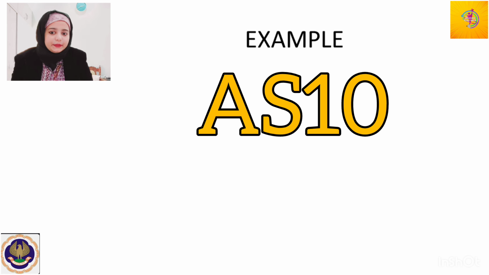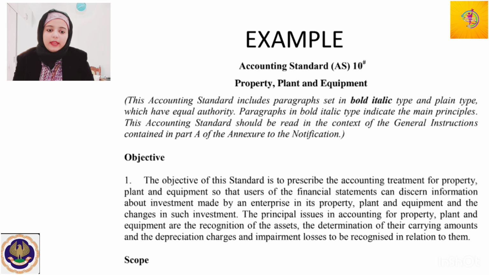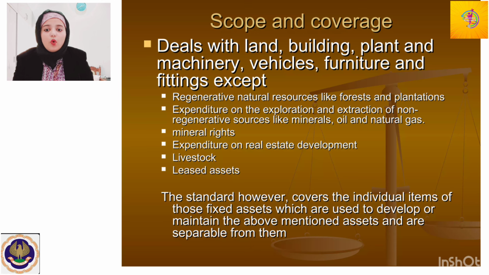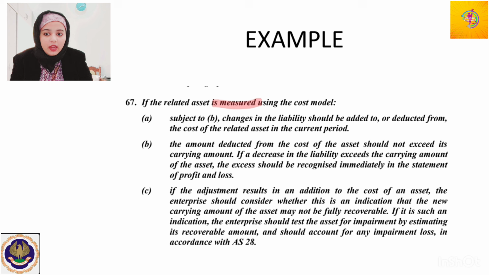Now, for example, take AS10, accounting for fixed assets. The objective explains that this standard governs the treatment of fixed assets like buildings, machinery. The scope specifies that it applies to all entities that have fixed assets. The recognition and measurement section guides when and how to account for assets.